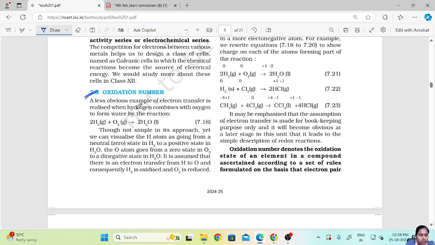So here, even though we cannot make out, it is clearly seen that hydrogen and oxygen both are in their neutral form.